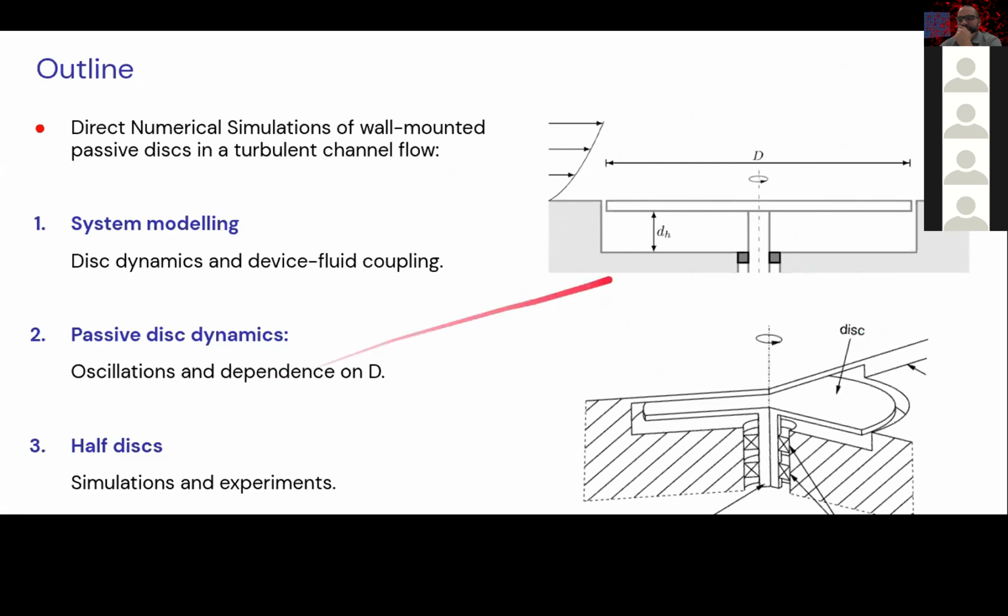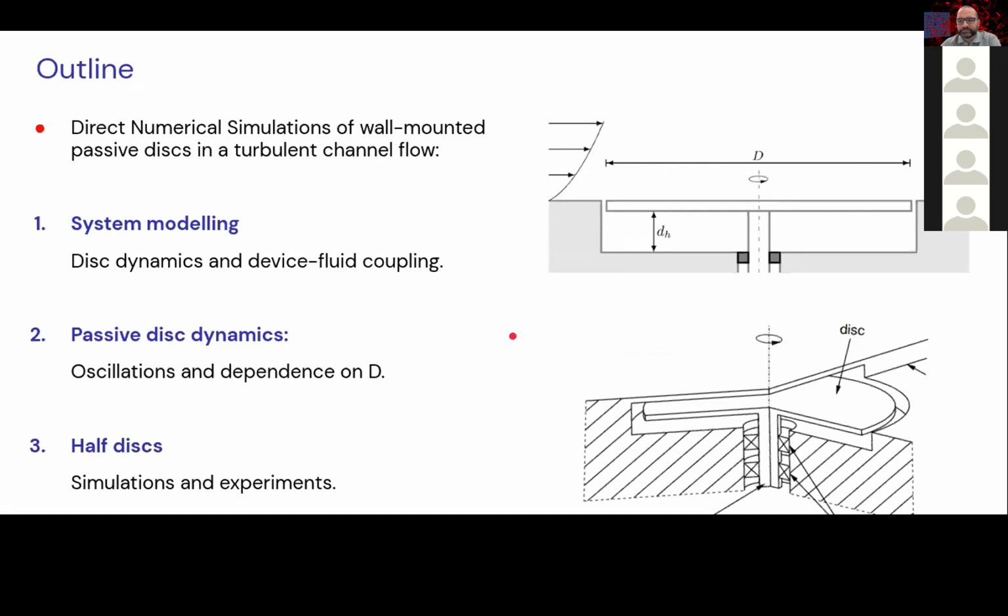And we also consider a second configuration, which we call half disks, where essentially the same device is used. However, half of it is sheltered, and so it's prevented from interacting with the mean shear and from improving performance.